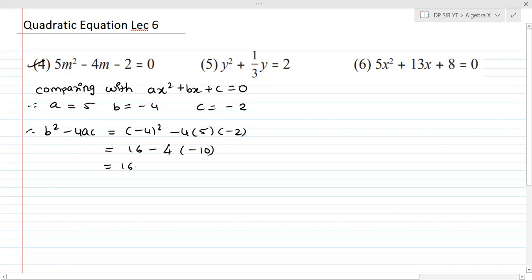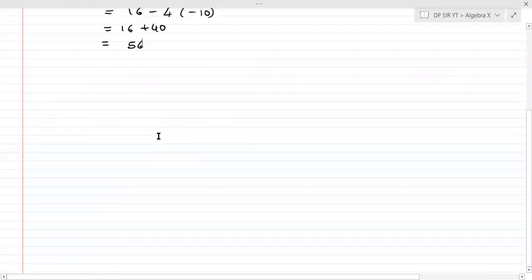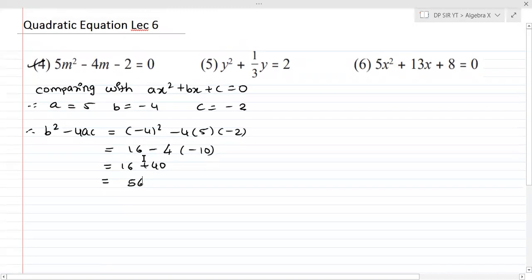So here it's going to be 16 plus 4 tens are 40. Here it's going to be 56. I hope there are no doubts till here. If you all are having any, please do let me know. Going ahead with the same.